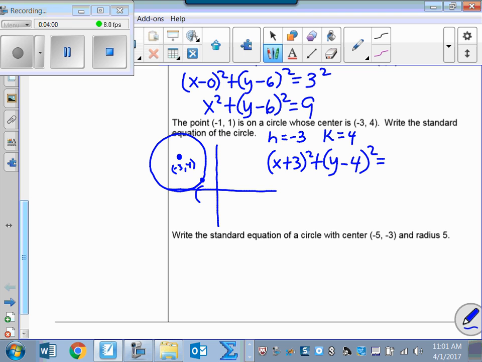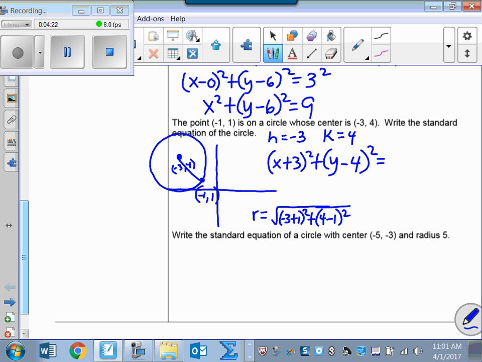Oh, I can draw the radius in and use the distance formula, right? So if I use the distance formula, the radius is the square root of (-3 plus 1) squared plus (4 minus 1) squared.